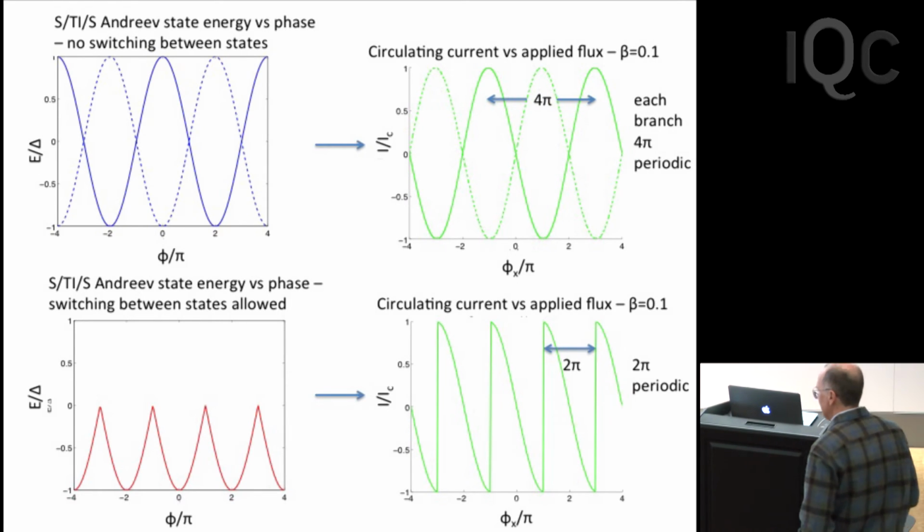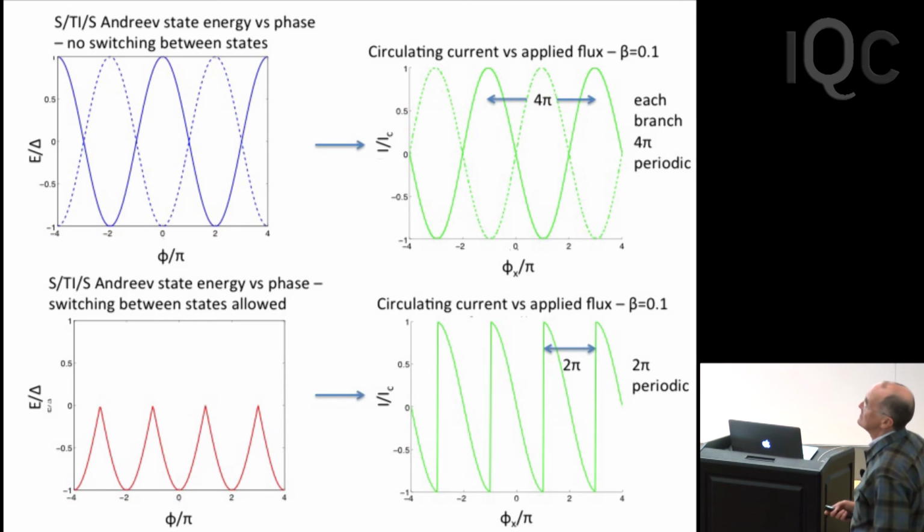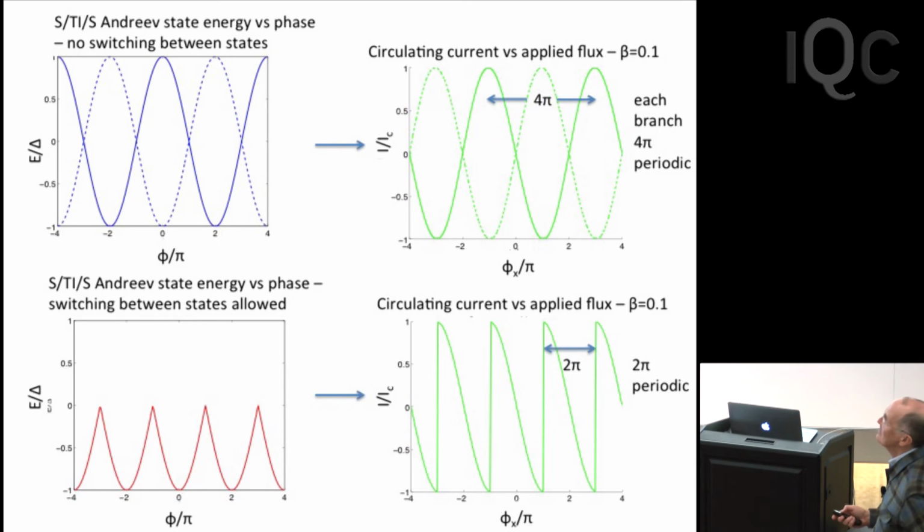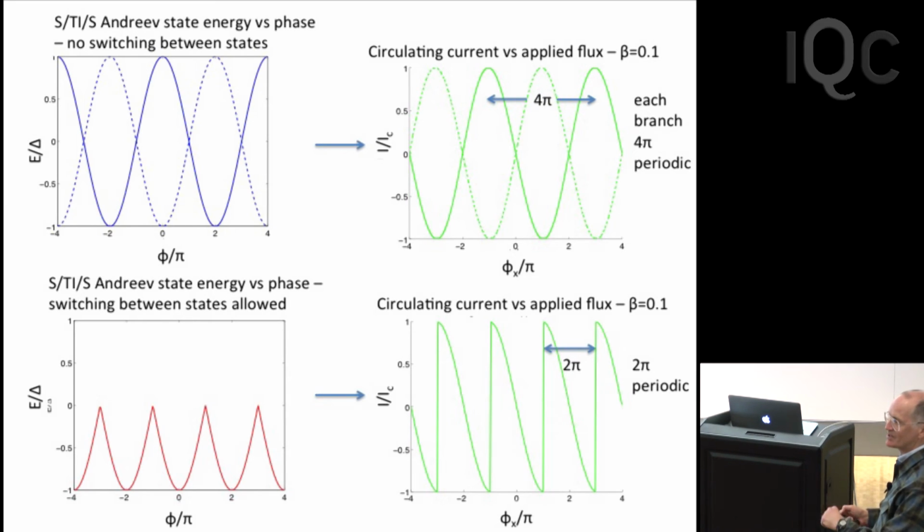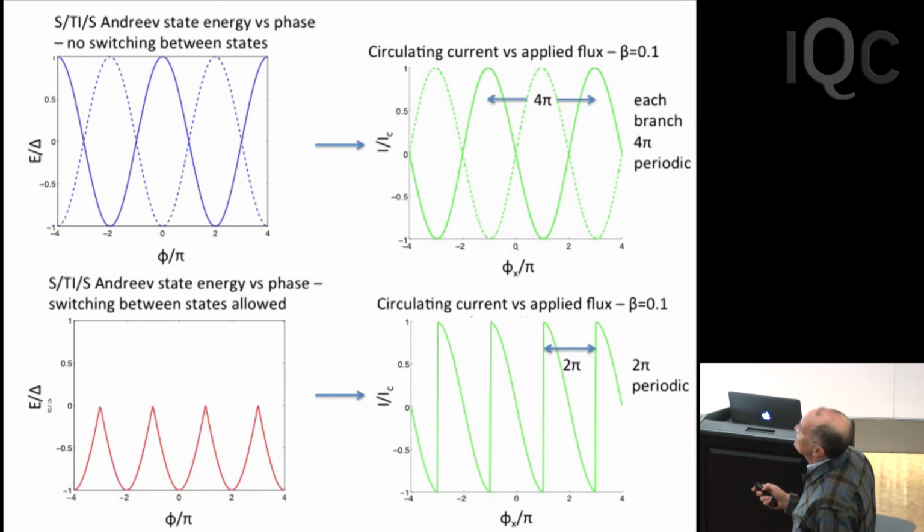If it is not allowed for the Majorana bound state to hop on and off of the junction, then what you'd expect to see is a current phase relationship which has 4 pi periodicity, either the solid line or the dashed line.